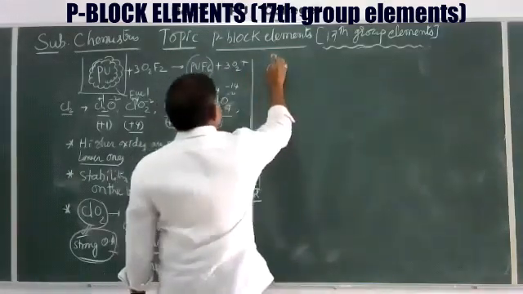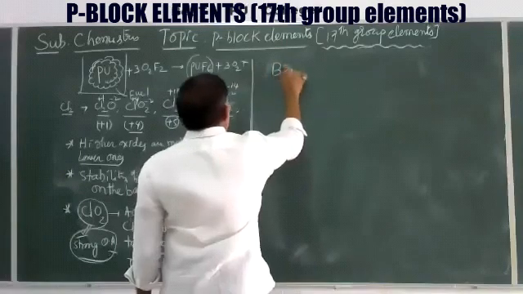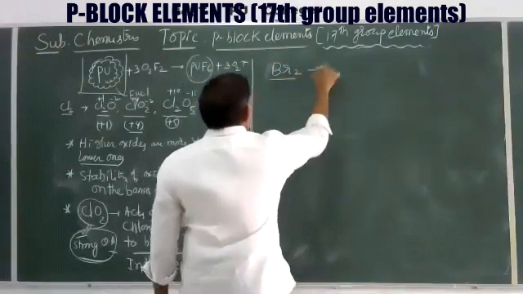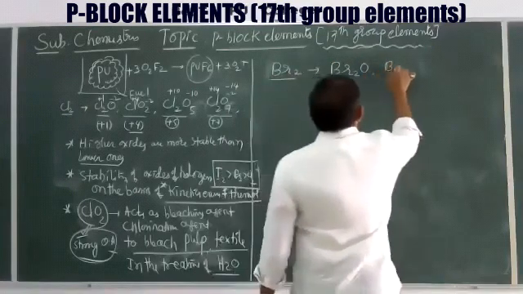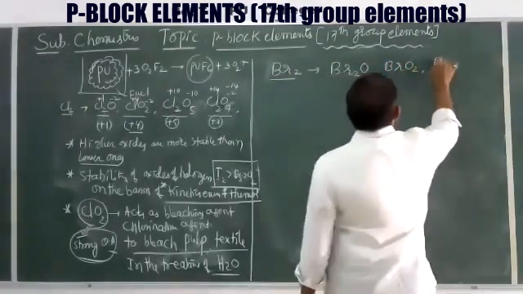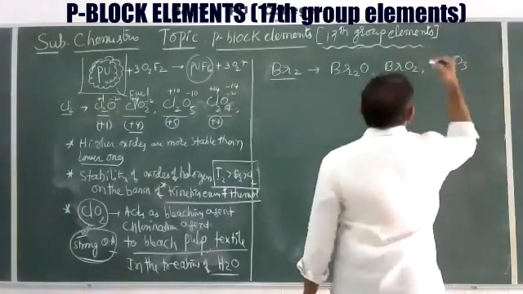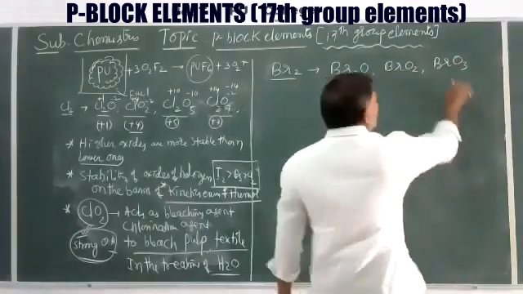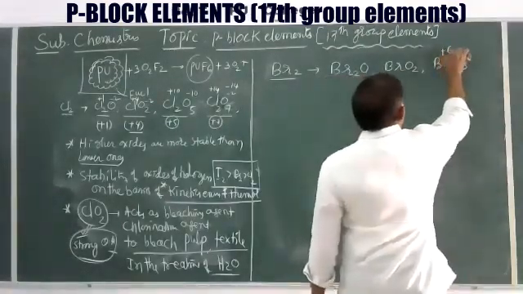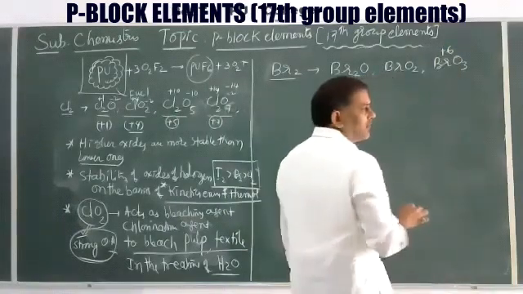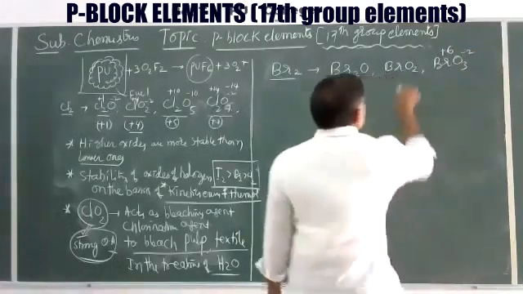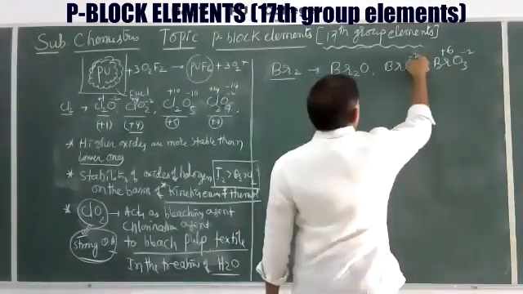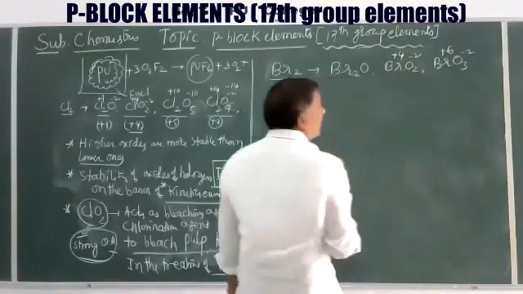Next one is about Br2, bromine oxides. Bromine forms Br2O, BrO2 and BrO3. Here in BrO3 bromine is in the +6 oxidation state, because -2 into 3 is minus 6, so +6. In BrO2, -2 into 2 is -4, so it is +4.